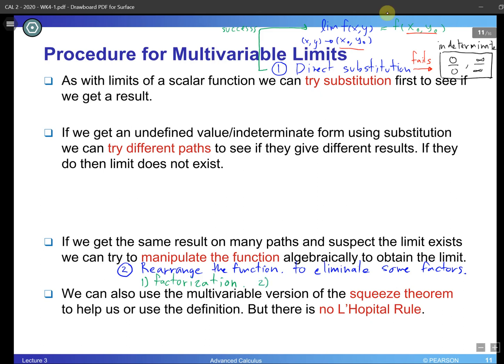Now number two, conjugation. The original form may look not so complete, but then you perform the product of the conjugation, and it turns out to make it look better. That can happen as well. All right, conjugation for number two. And number three, grouping.